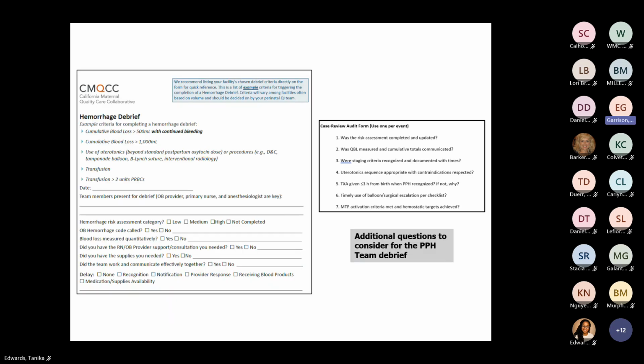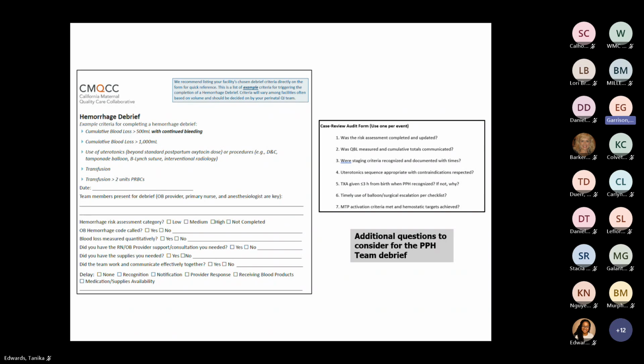This is a hemorrhage team debrief form, which may be a little different from the universal form, but it has some questions that you could consider incorporating depending upon your postpartum hemorrhage volume and the acuity of your unit. But in a debrief for postpartum hemorrhage, you may want to include some documentation of the procedures used, the uterotonics used.